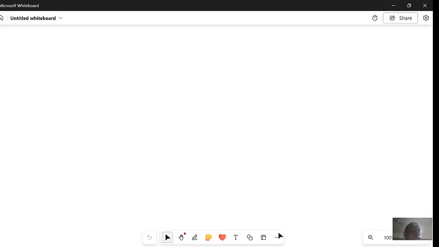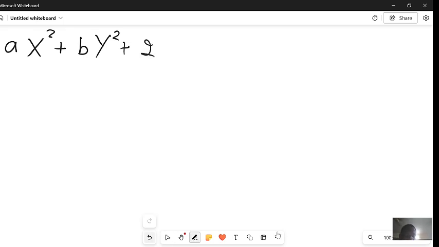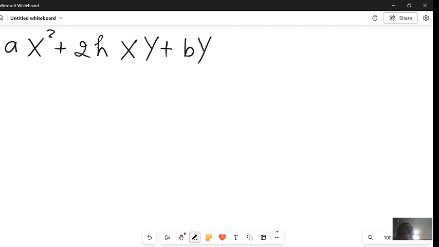now I will come after developing that equation, I will come with a capital X square plus b capital Y square, plus 2h capital X capital Y, plus g alpha, the value of g alpha I have it, plus f beta plus c equals 0.